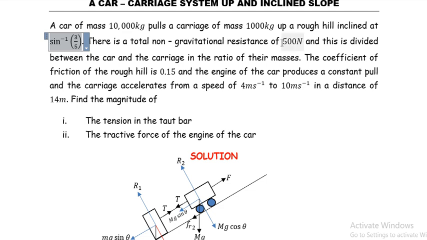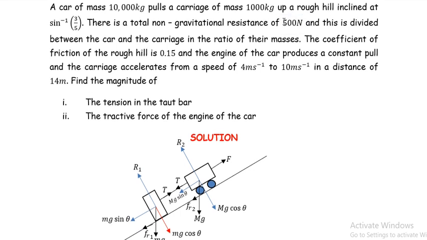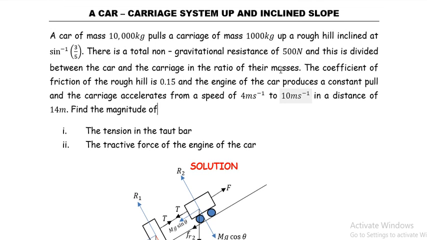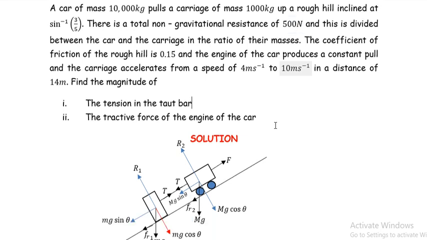Now we have not indicated the non-gravitational resistance of 500 newtons. This resistance of 500 newtons is divided between the car and the carriage in the ratio of their masses. So we are going to find the resistance of the carriage and the resistance of the car.